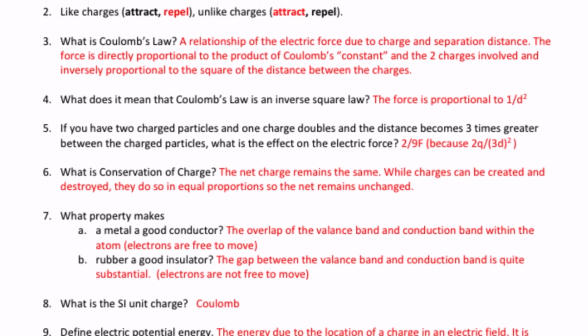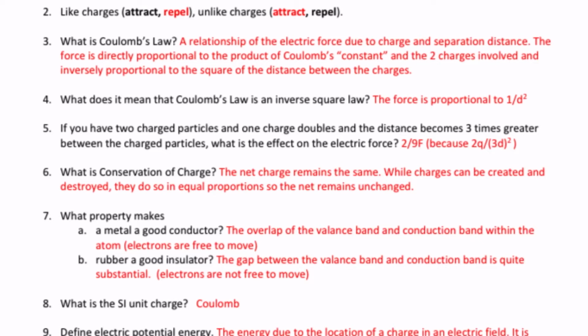What is Coulomb's law? I feel like most times if they're asking you for a law that has an equation related with it, 9 out of 10 times the law is just going to be describing the equation. So if you know the equation, you should be good on that. It says the relationship of the electric force, which is the Fe, due to the charge and separation distance.